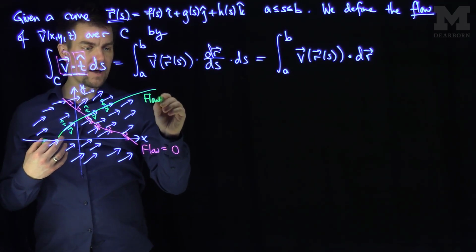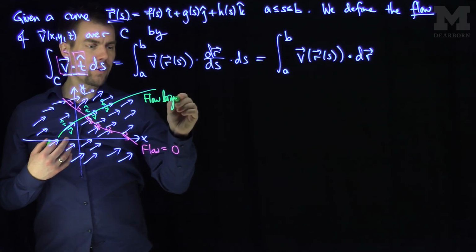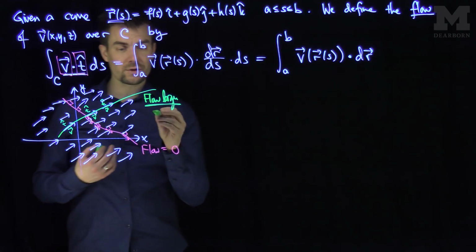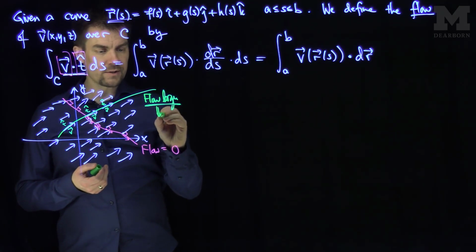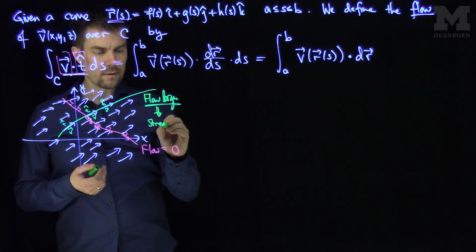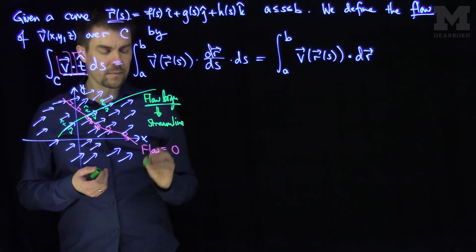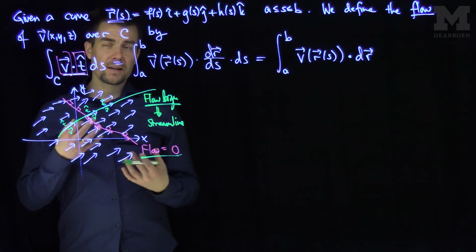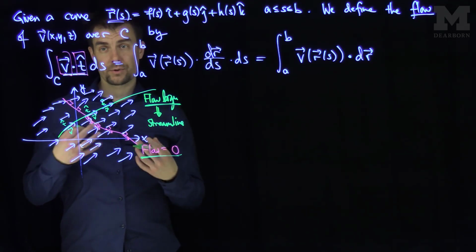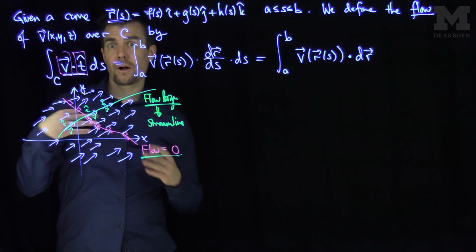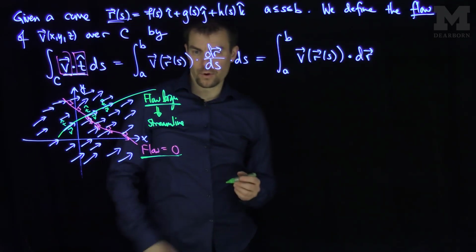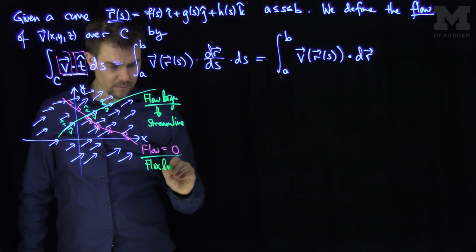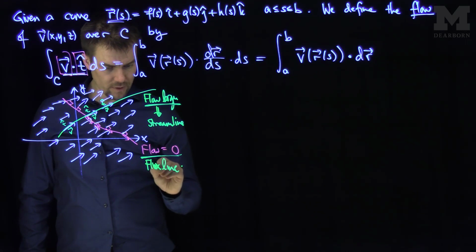So these flow integrals, if the flow integral is large, it's detecting a streamline. Flow being equal to 0 means you have something antithetical to a streamline. You might call that a flux line, a line of flux. So we'll call these flux lines.